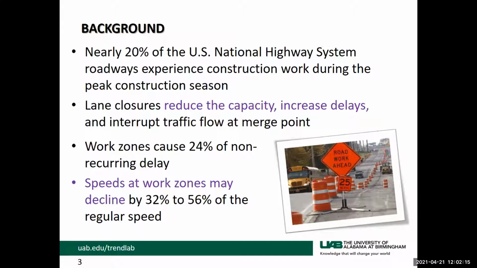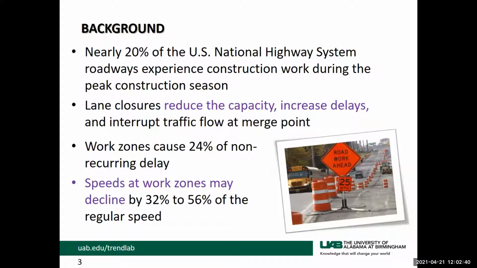When that happens, often we have lane closures and congestion develops as the capacity decreases. We can experience delays and drops in speeds of up to 32 to 56% compared to regular speeds. So these are areas that need attention.